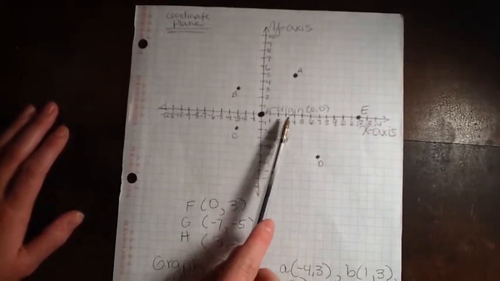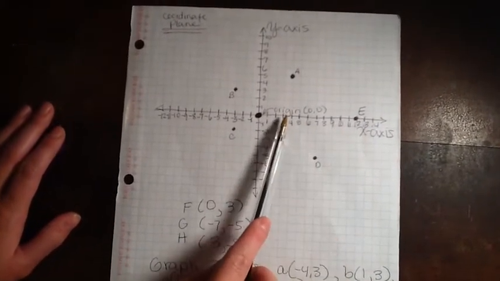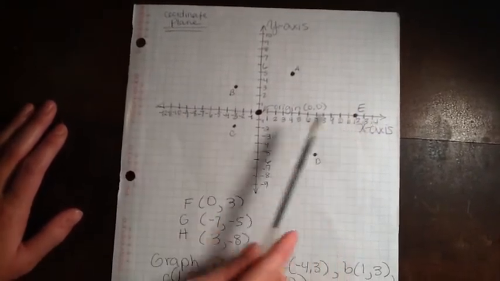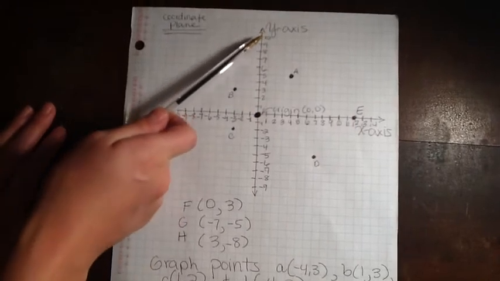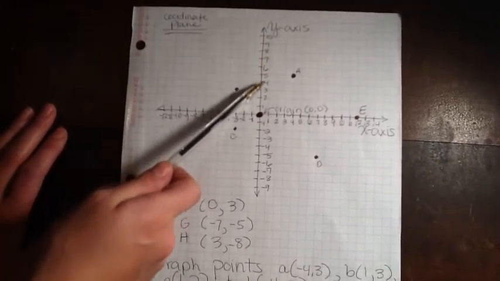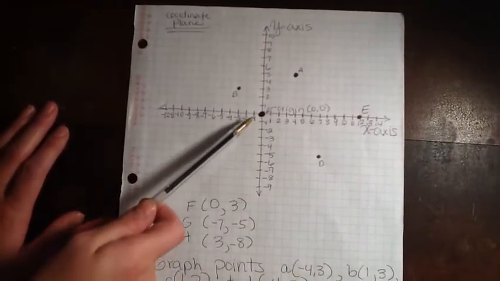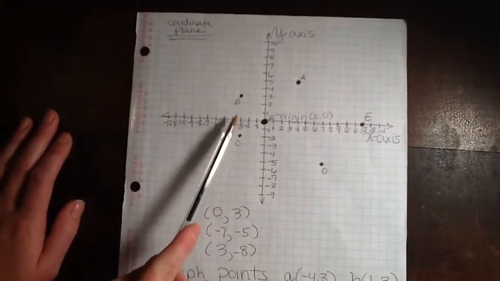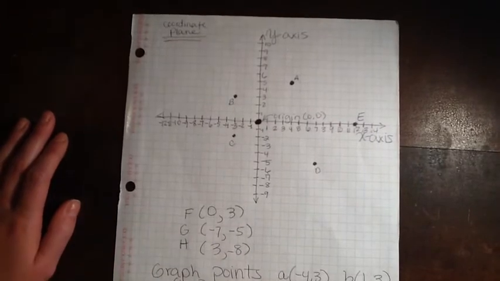So all of this side of the x-axis is positive. All of this side of the x-axis is negative, just like a number line. And at the top, all of our y-coordinates are positive, and at the bottom, all our y-coordinates are negative.